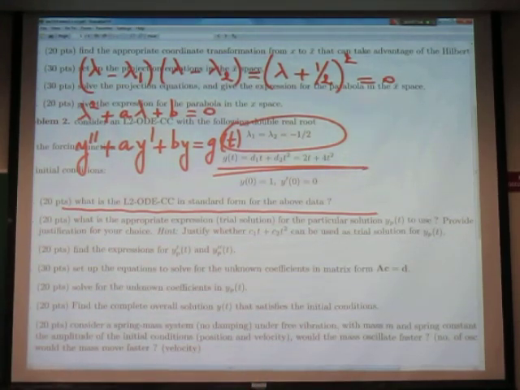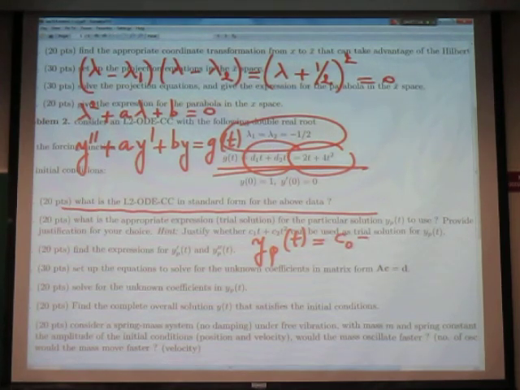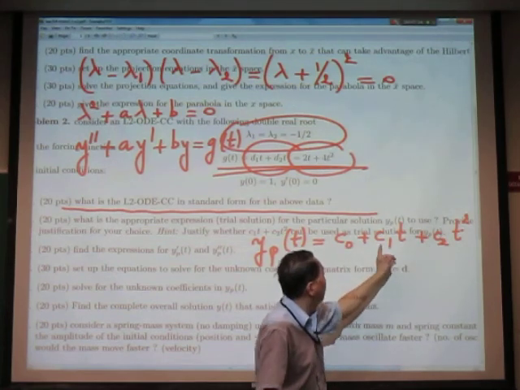The trial solution has to include all of the orders. So yp as a function of t has to be, you can use c as unknown, so you have c0 plus c1 t plus c2 t squared. This is the trial solution with 3 unknowns, c0, c1, c2.